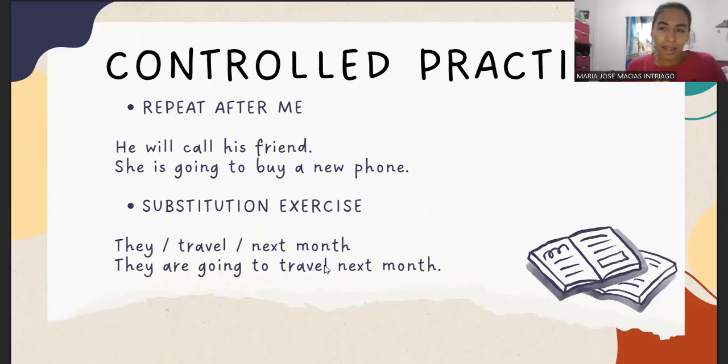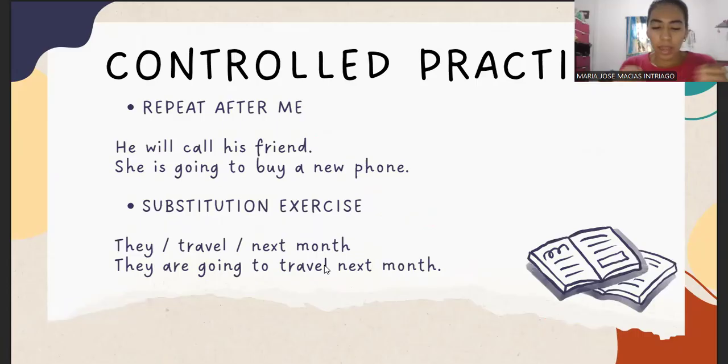In the practice stage, students repeat sentences to build accuracy. For example, he will call his friends. Repetition. She is going to buy a new iPhone. Repetition.